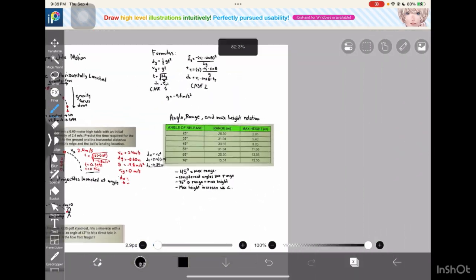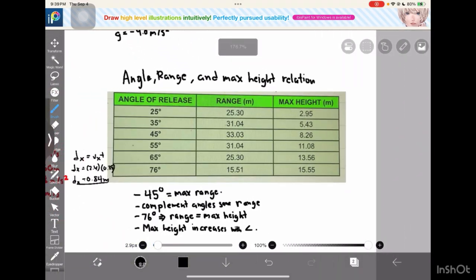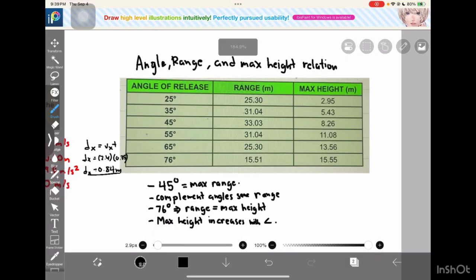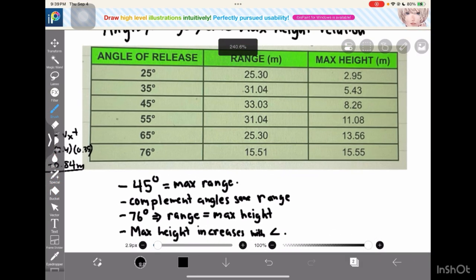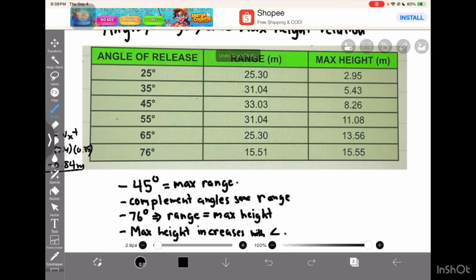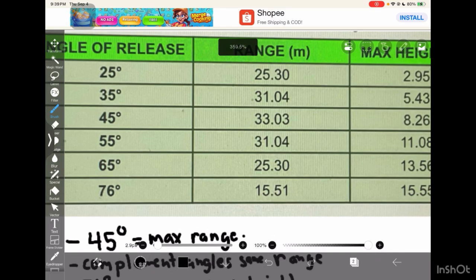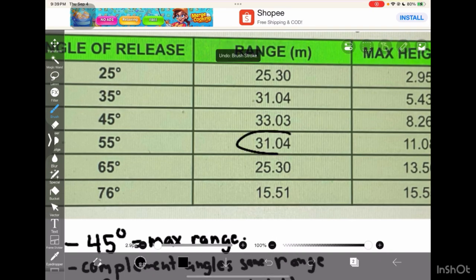All right, now before we go to case 2, let's talk about the angle, range, and max height relation. So at 45 degrees, we have the maximum range over here in the sample, and complementary angles have the same range. So you see, notice how 35 and 55 share the same range.